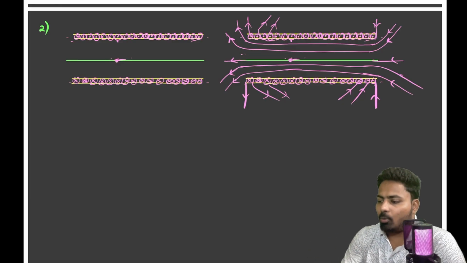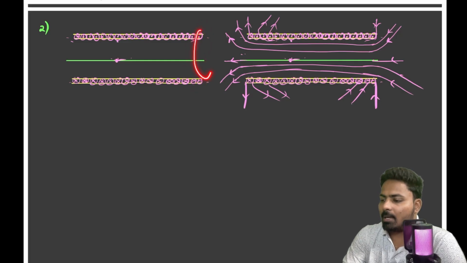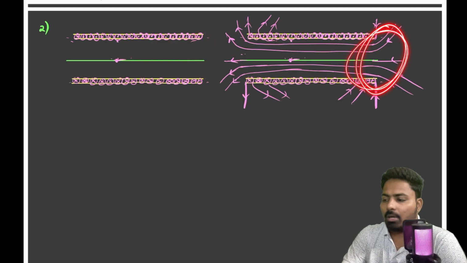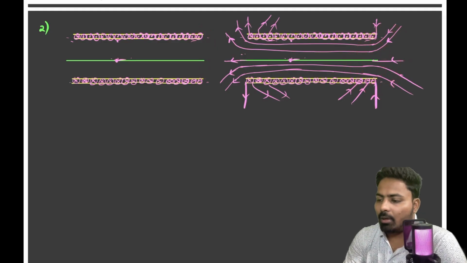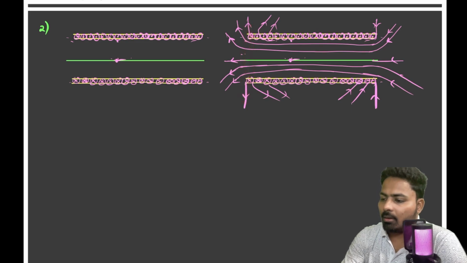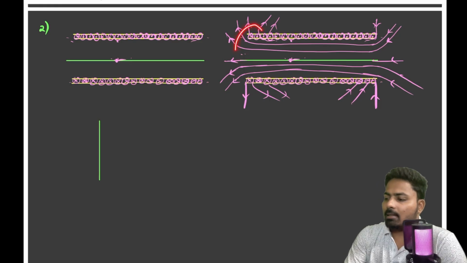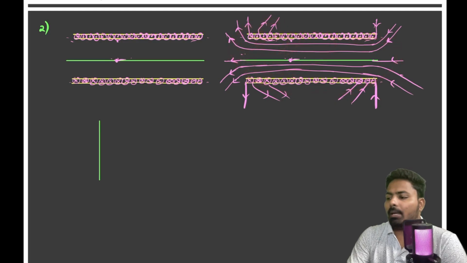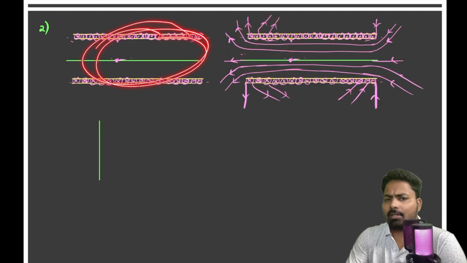the most important thing you need to understand is that the field lines over here are the same as the field lines present over here, right? So if I take this line over here, let's say that is this line. Let me call this the right side solenoid, and this the left side solenoid.